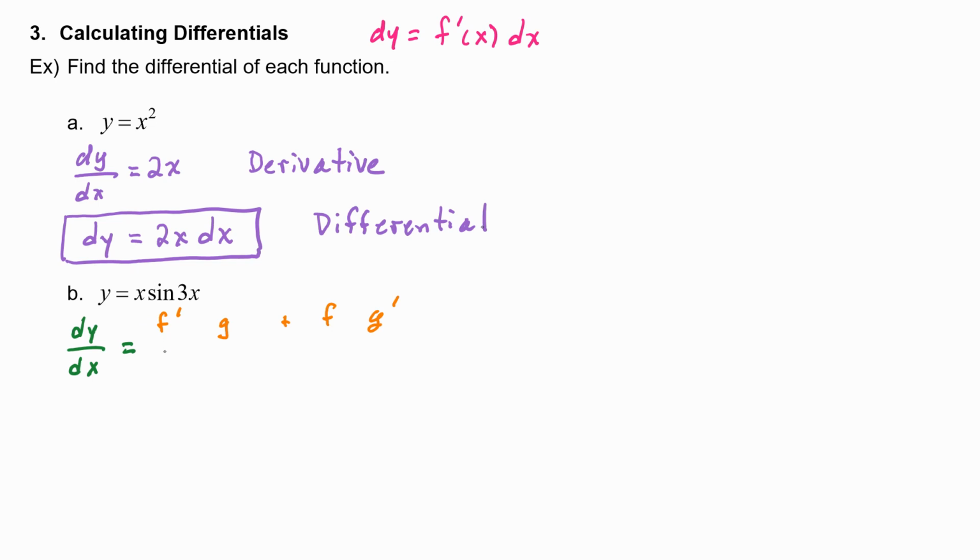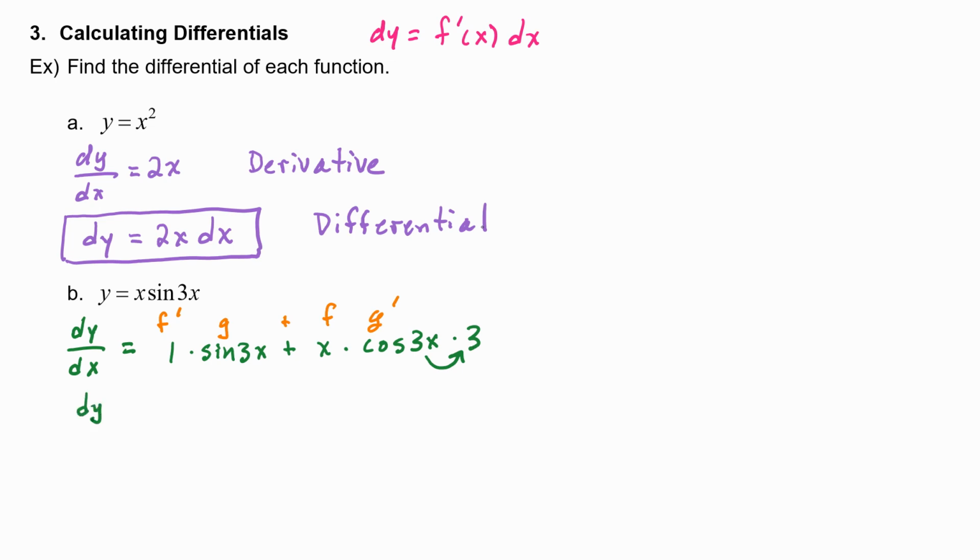The derivative of x is 1, and we take that times sine of 3x plus f, which is x, times the derivative of sine of 3x, which would be cosine of 3x, and then of course the chain rule tells us we have to take that times 3.